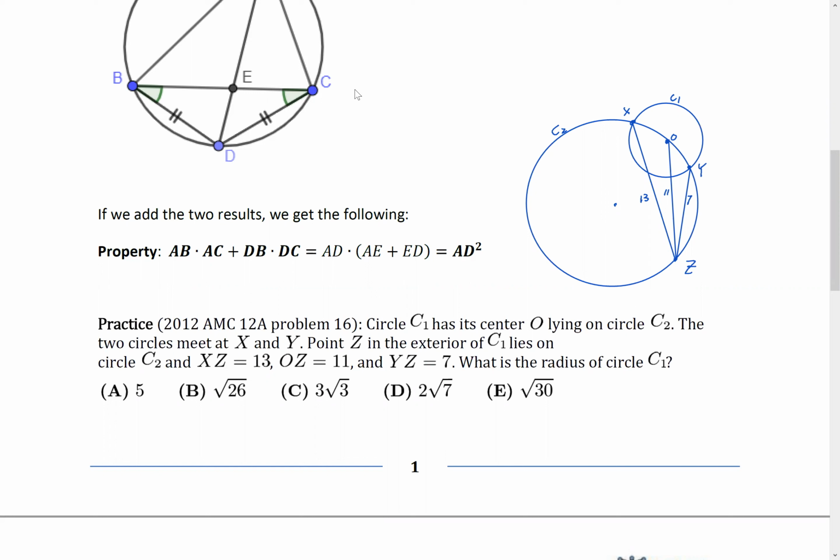For example, if I connect this, I connect XY, I connect XO, and I connect OY. Do you see the angle bisector now? This angle equals this angle.